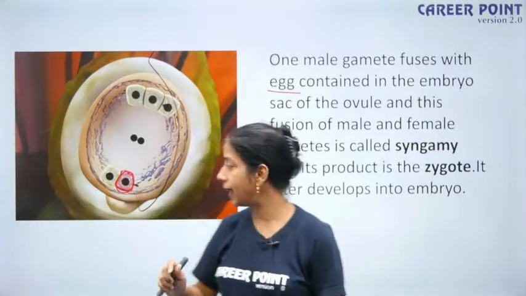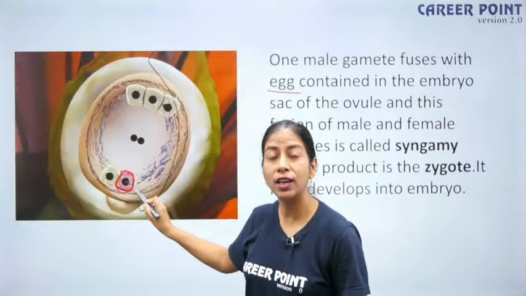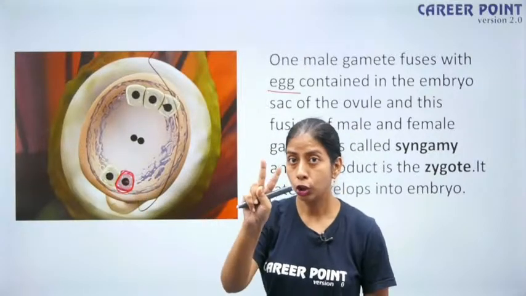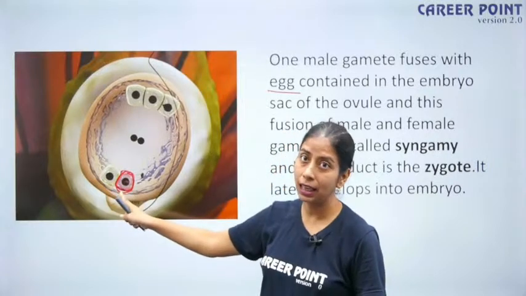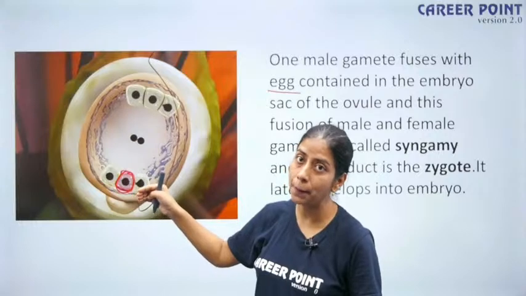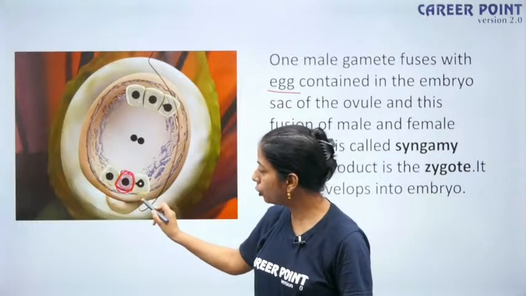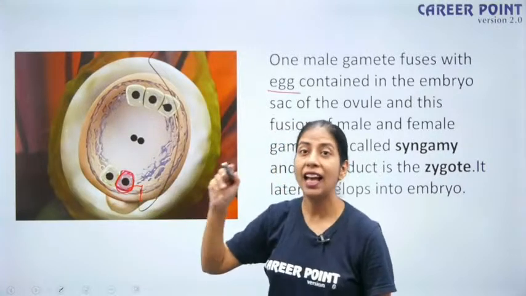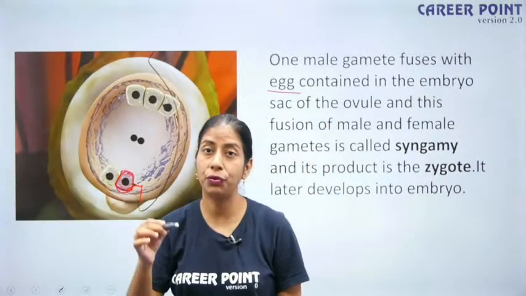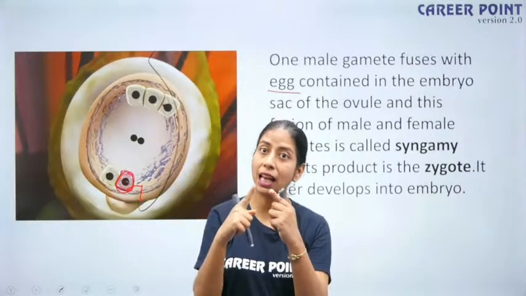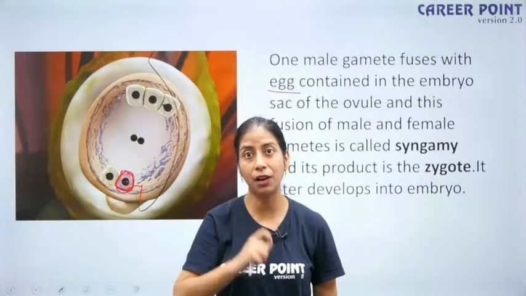Now they will enter into one of the synergids. सिनर्जिड्स मैंने बताया है 2 सेल हैं जो एग सेल के पास हैं, तो उनमें से एक सिनर्जिड मेल गैमेट को गाइड करेगा. And here you can see synergid and the male gamete coming here and fusing with the female gamete. तो एक मेल गैमेट एग सेल के साथ फ्यूज हो रहा है, ये पहला फ्यूजन है.